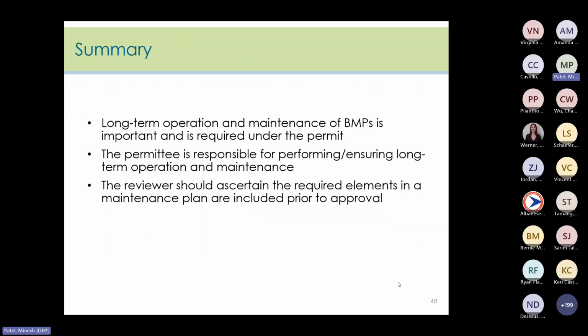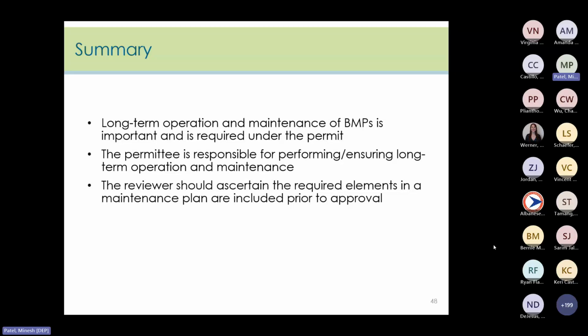So to sum things up, without proper long-term maintenance, the BMPs may not continue to function as designed, resulting in impacts to the environment. The permittee is required to ensure long-term operation, and that maintenance is being performed. A municipality may institute measures to facilitate these efforts.